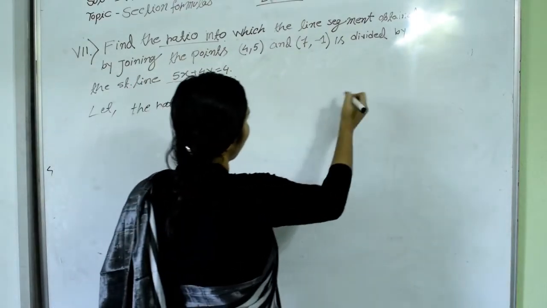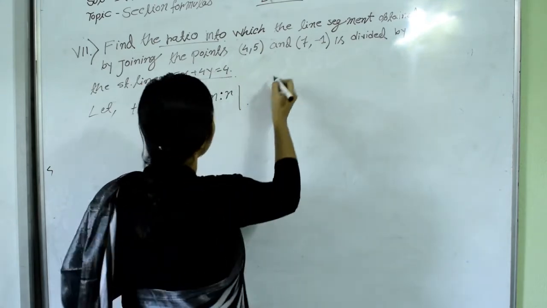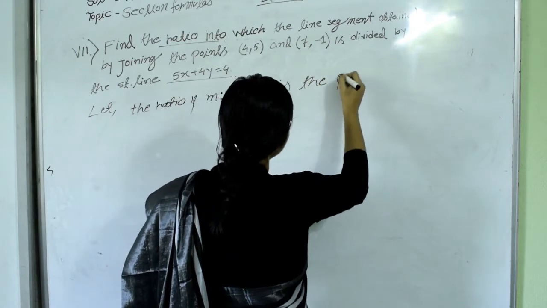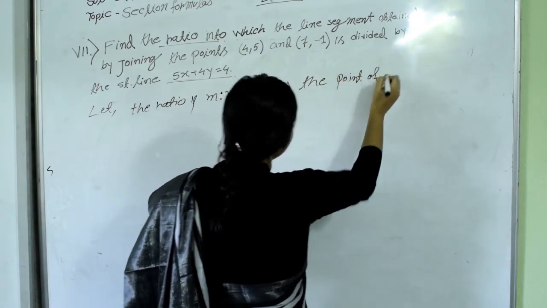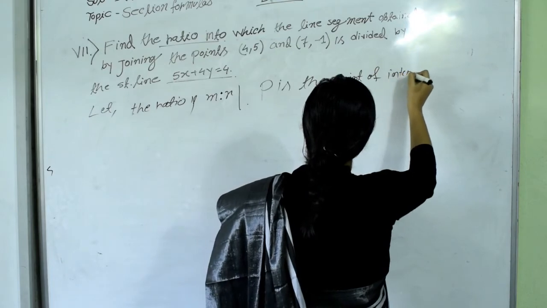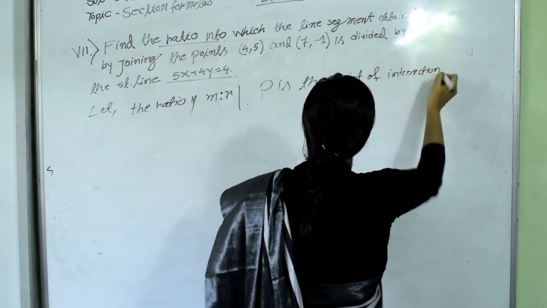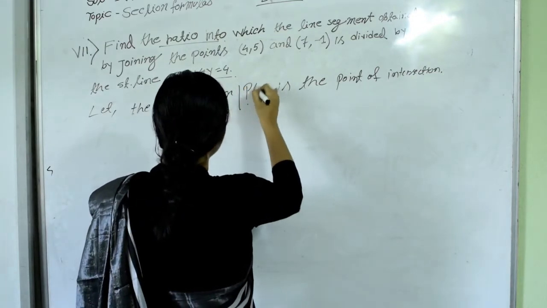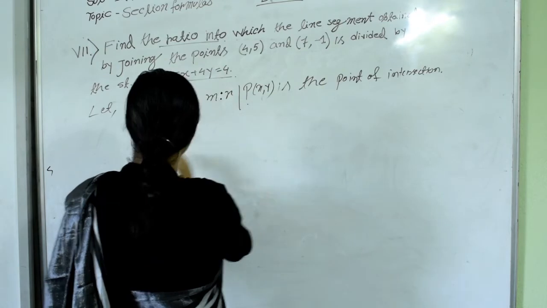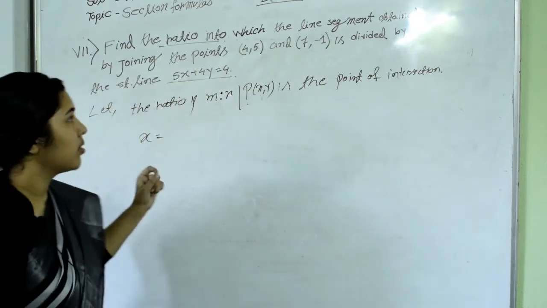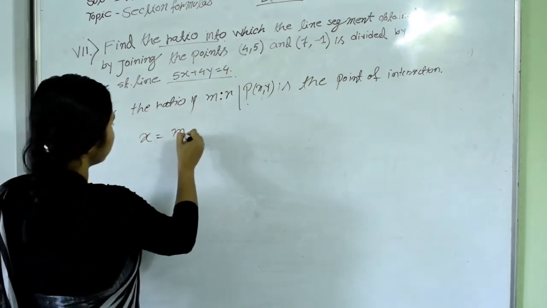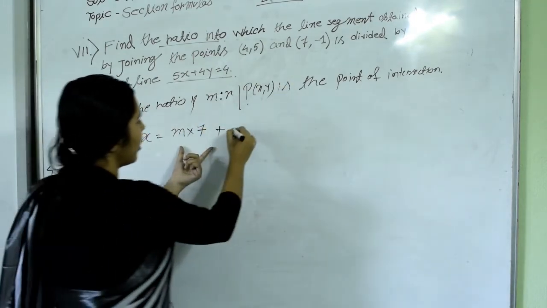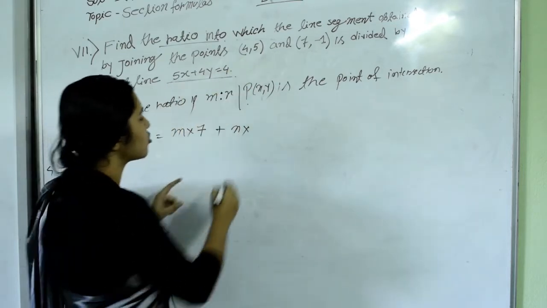So first consider the ratio is m is to n. Then the coordinate of the point of intersection, suppose P is the point of intersection. Then the coordinate of P, x equals the same formula, m into x2 plus n into x1.